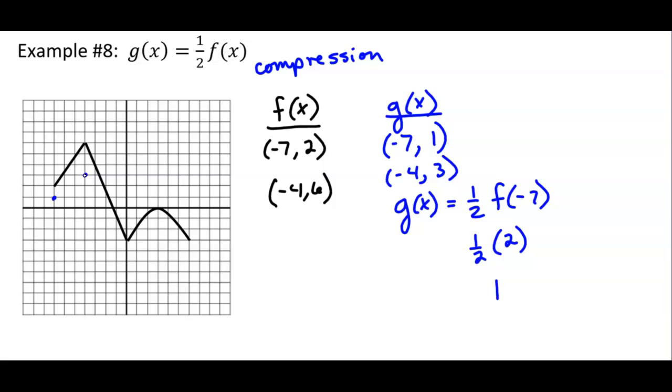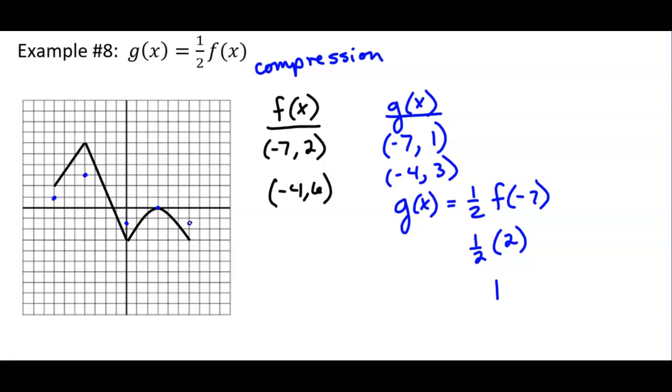Okay, so our next point was at 0, -3. We're going to have to cut that in half then. It's going to be -3/2. And then this point here is going to stay right there because our output was 0. Half of 0 is still 0, right? And then our last point, what was it? 6, -3. So now it's going to be 6, -3/2.